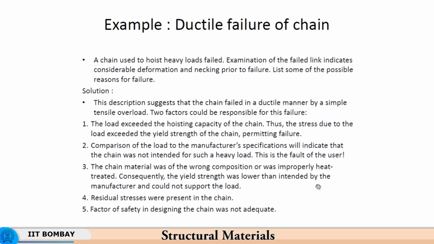But the user can't always be wrong, because once the manufacturer specifications have been adhered to by the user, in spite of that the chain material can fail. The reasons could be that the chain material was of wrong chemical composition, or it was improperly heat treated. You took the chemical composition correctly, you made the chains, you welded them together, but then the heat treatment, meaning heating the chain after all processes have been completed to get the right microstructure.